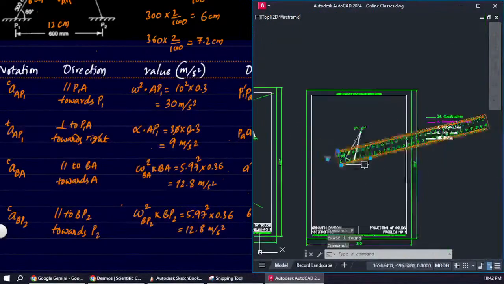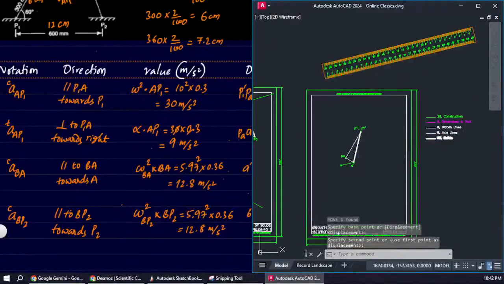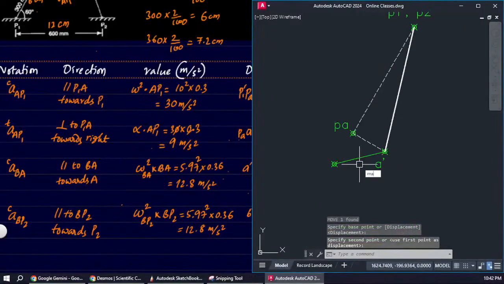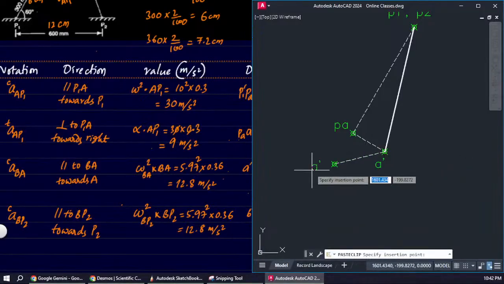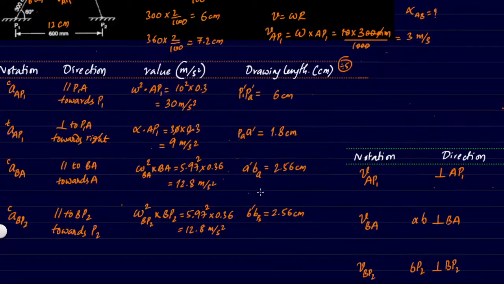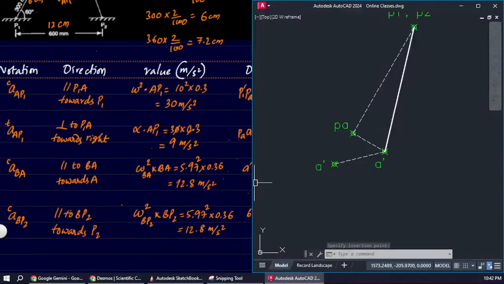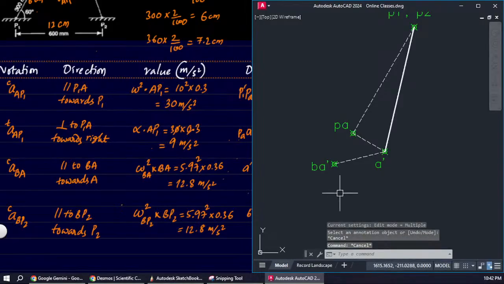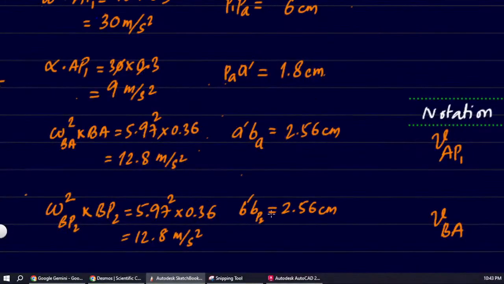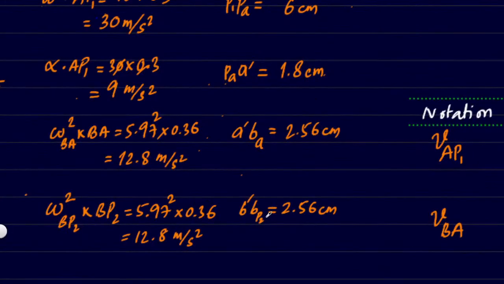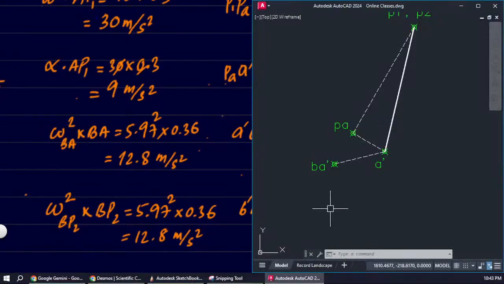What is the name of this point? BA is the temporary point, BA dash. Next one is B dash BP2, and it should be downwards.